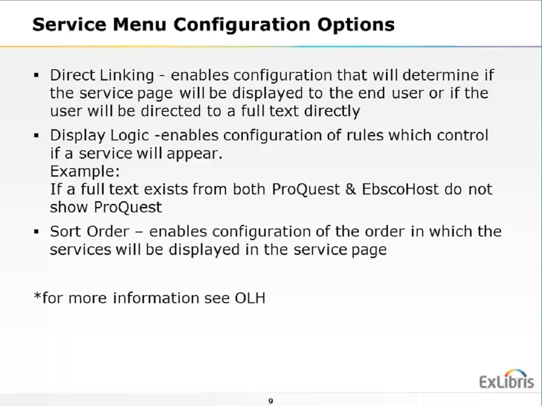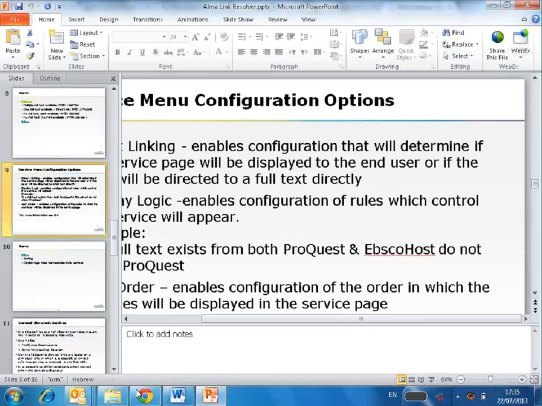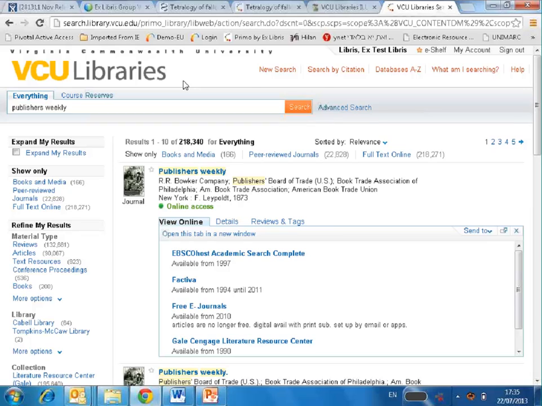We can configure it so that when we have one electronic service available and we want the user to be directly linked to the full text, I have the option to configure that, and I will show you how. So if we go to the Alma demo environment, at this point I will thank VCU, and we'll use our demo environment. I'm going to log into Alma demo.